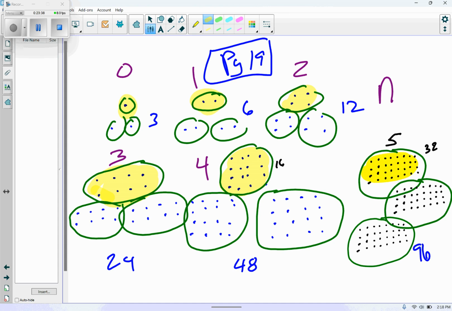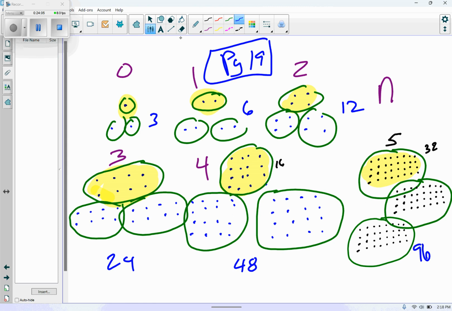So each of those yellows is one of how many patterns per segment? How many circles do I have in this first one? How many here? Here? Okay, we got 3. We're on to something.